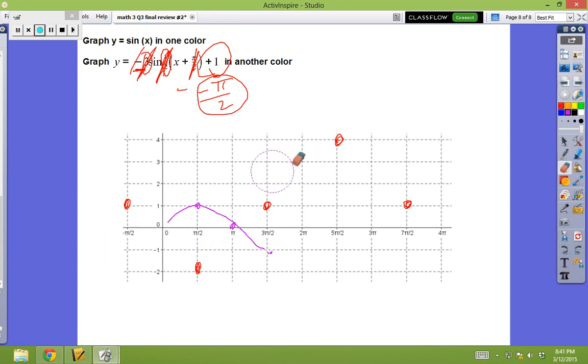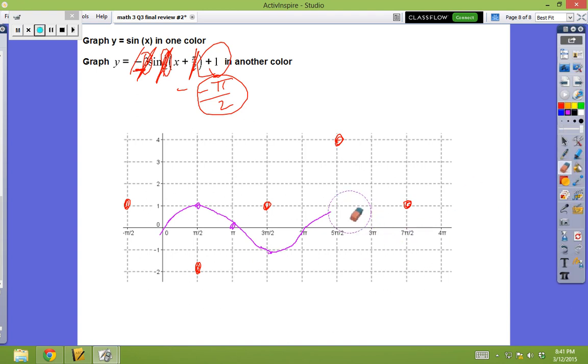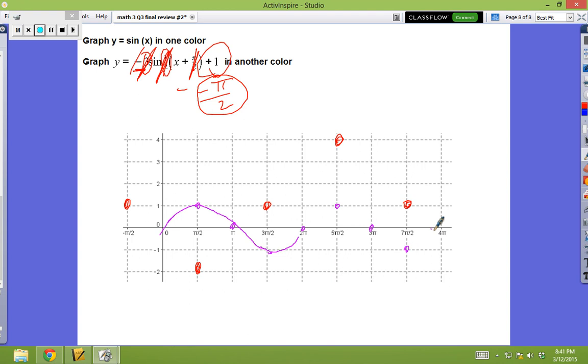So my original function, the parent function, I've kind of erased. The parent function is going to be right here. Then it's just going to keep going up to 1 to 0 to, whoa, that looks pretty bad. So 0, 1, 0, -1, 0.